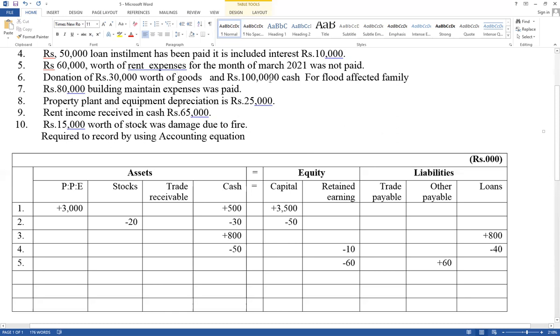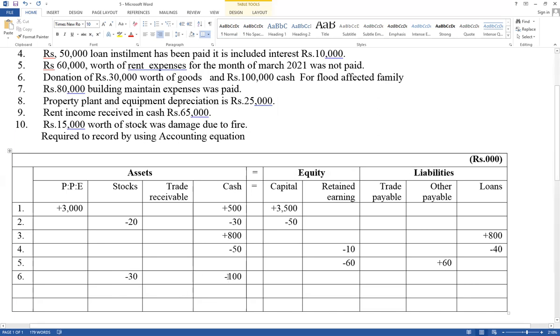Donation, stock donation available. Think about stock donation: 30,000 effect for stock decrease, and the cash donation, 100,000, effect for cash decrease.